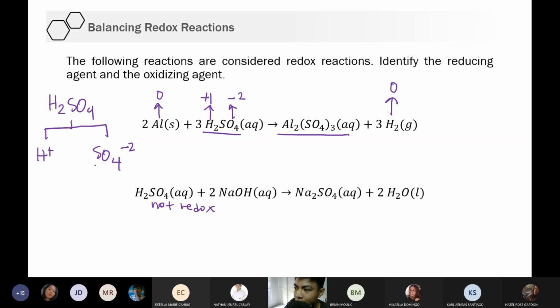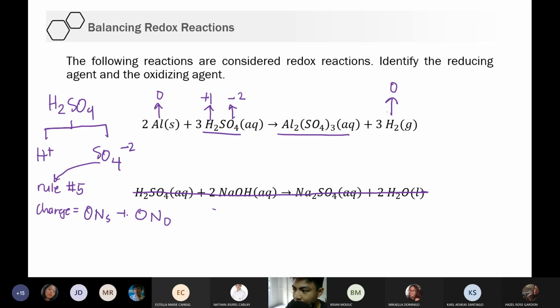So, let's apply rule number 5. So, rule number 5, apply natin dito. So, that is charge equals, remove ko na yan ha. Hindi yan redox eh. So, charge equals oxidation number of sulfur plus oxidation number of oxygen times 4. Okay? So, alam natin, oxygen, masunurin yan sa batas. So, it is negative 2. It's negative 2 yung charge.